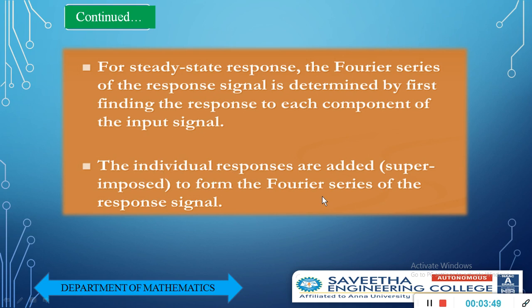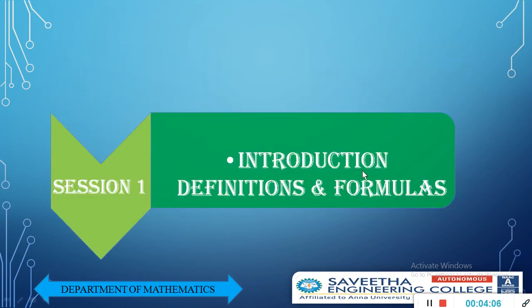So any sound can be converted into a signal, that is, a wave frequency form, using the Fourier series. These are very important applications in many fields. So first we shall go through the introductions, definitions and formulas.